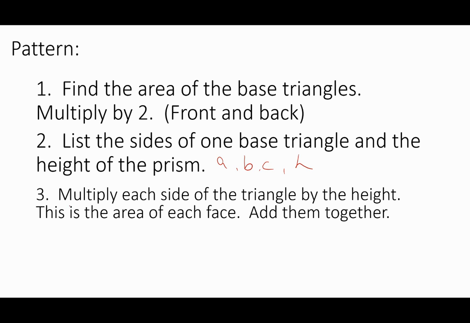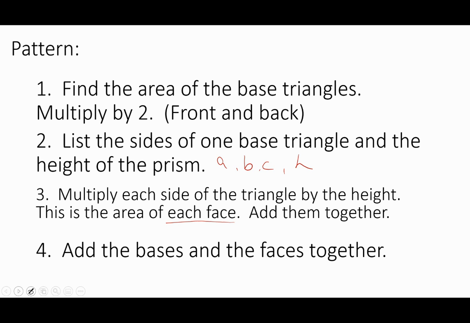We're going to multiply each side of the triangle by the height. 3 times 7, 43.26 times 7, that idea. And we're going to find the area of each face or side or lateral side. And then we're going to add them all up.